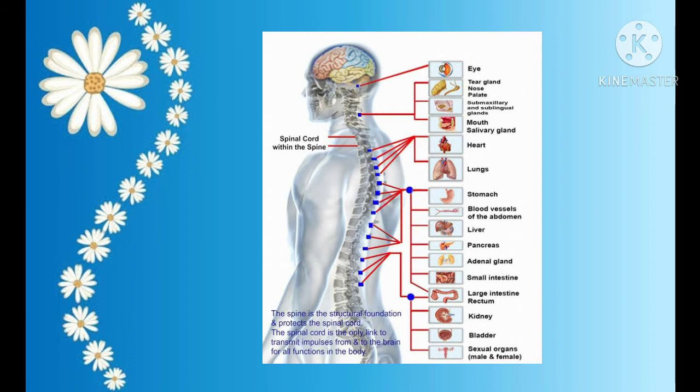The atlas bone serves to support the skull. The second vertebra is the rotating bone, the axis. The presence of the atlas and axis bone allows the head to rotate. The 7 segments have a similar shape and do not join with the ribs.